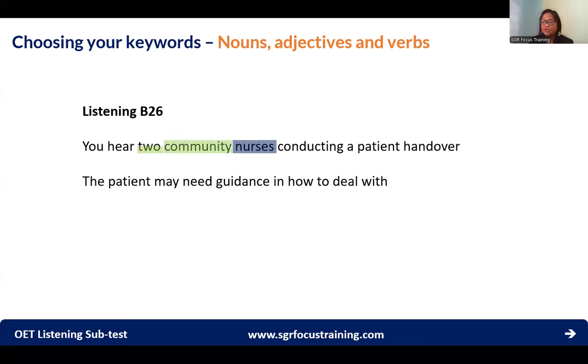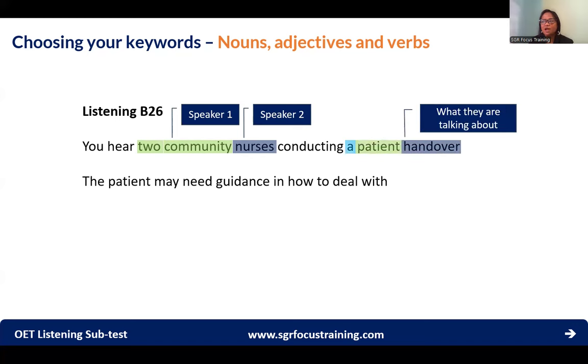They are community nurses, and there are two of them. So we've got speaker one and speaker two. Now let's look at what they are going to talk about. They're going to talk about a handover of a patient.